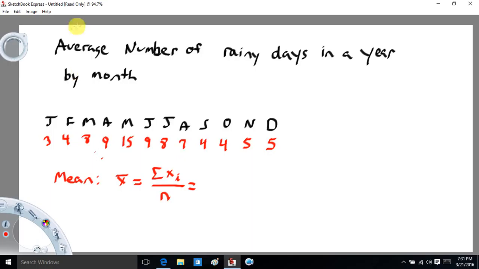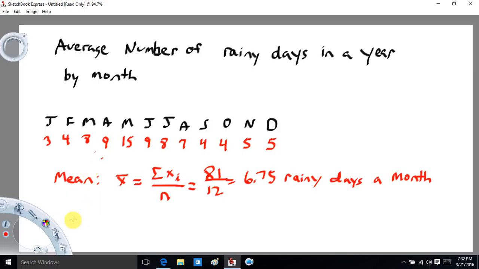Okay, got 81. Okay, and that total is divided by 12. Which is about 6.75 rainy days a month. So that's the first measure that we're looking at.